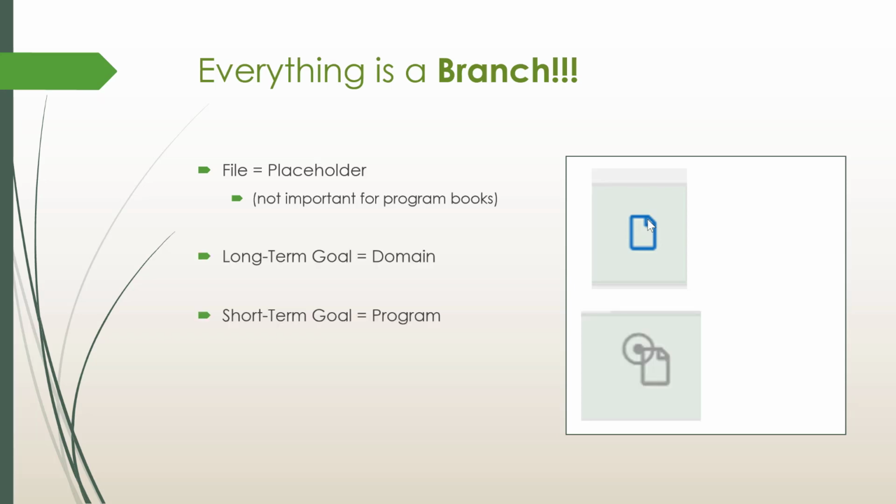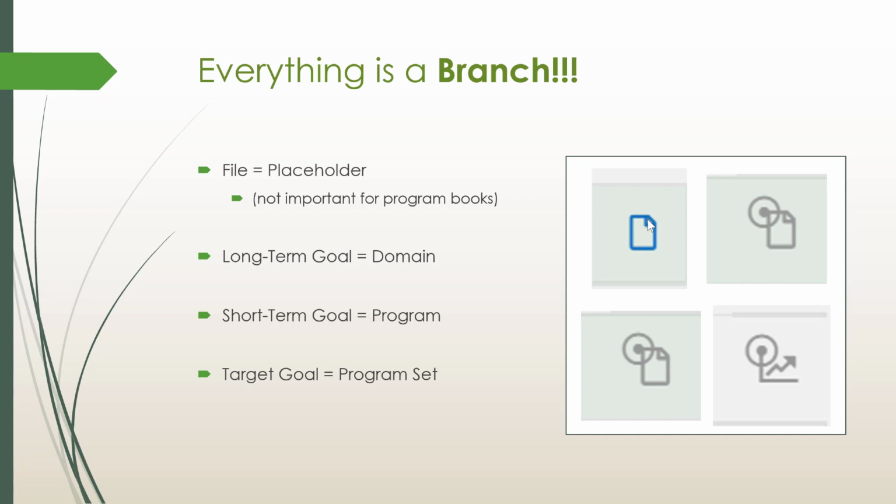Then we have the long-term goal. The long-term goal always looks like a document with a target, and that is just the way that it's put together. It's a cumulative graph, but the long-term goal is also considered the domain.